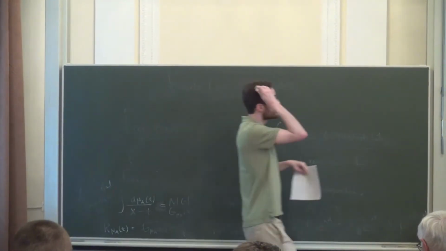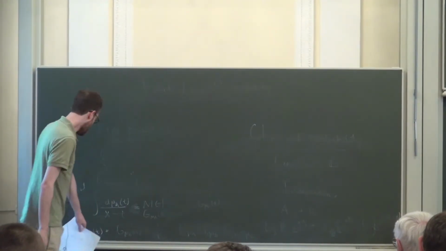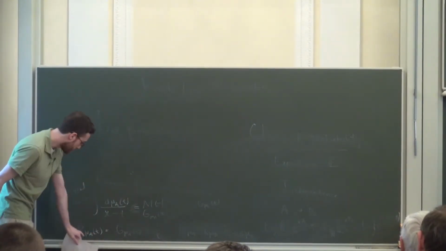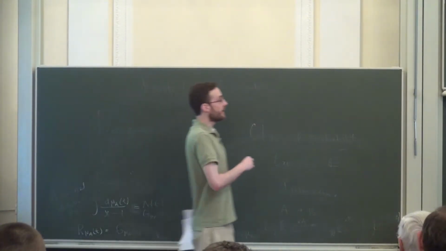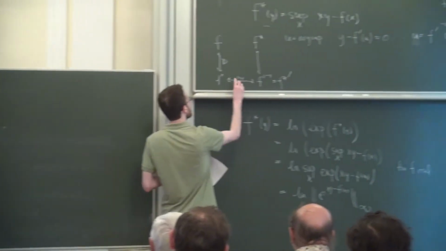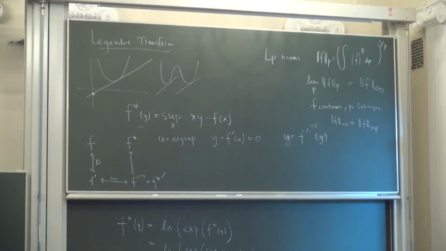Okay, so I'll erase this over here. If you remember what we were trying to do, we were trying to add together two things which were an inverse. And the inversion here takes place after you've taken a derivative of the original function.